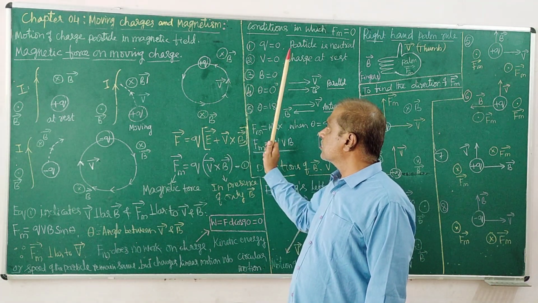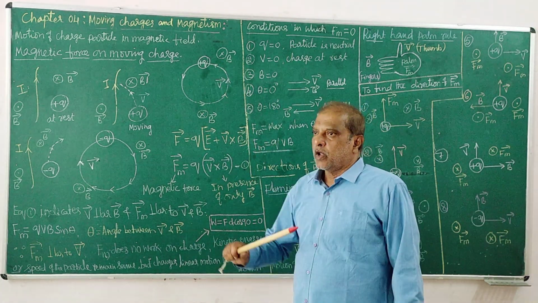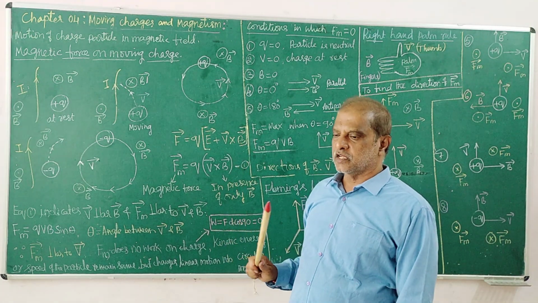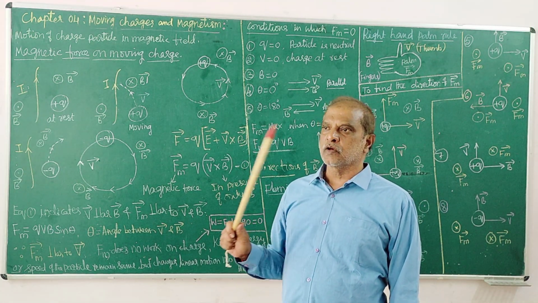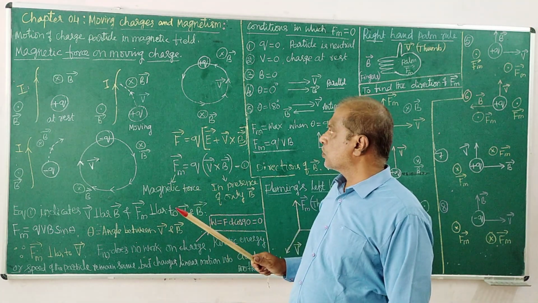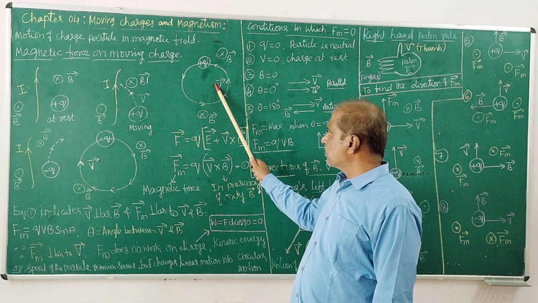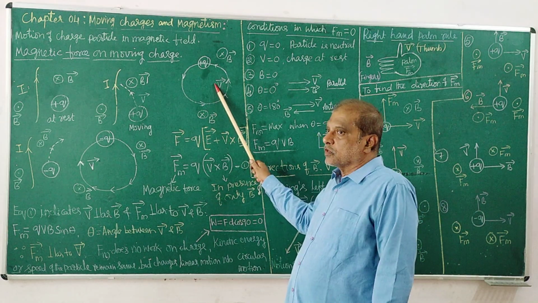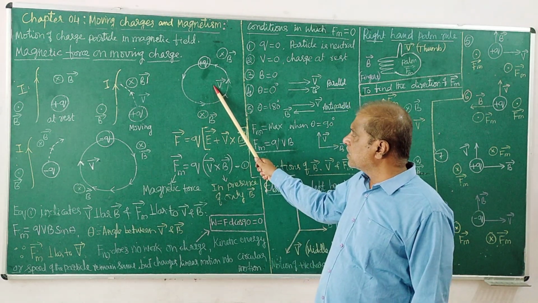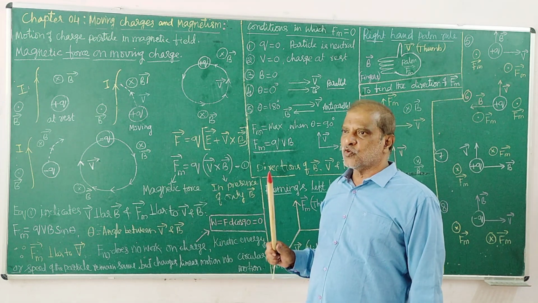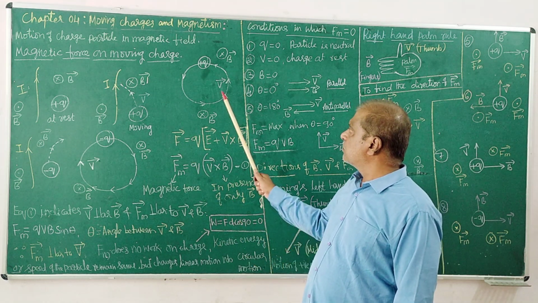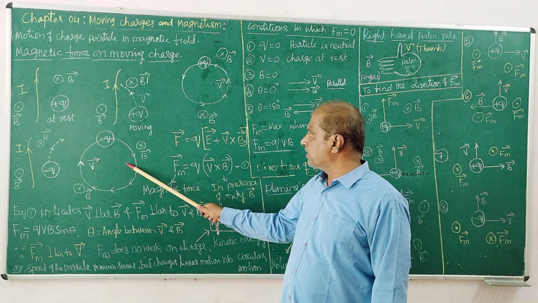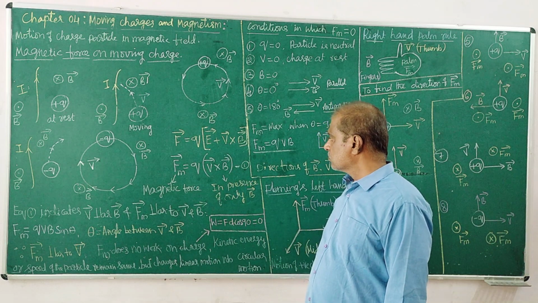This effect is known as the particle changing its linear velocity into angular velocity in a circular motion. That we understood from this study. It is the Lorentz force, the magnetic force, which can produce this kind of activity, that is circular motion.